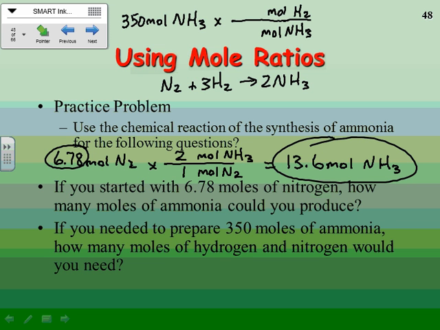And the ratio here is 3 to 2. Again, I get that from the coefficients in the equation: 3 moles of H2 for every 2 moles of NH3. That's going to tell me how much H2 I need. Then I'm going to have to do the exact same thing again with the nitrogen.